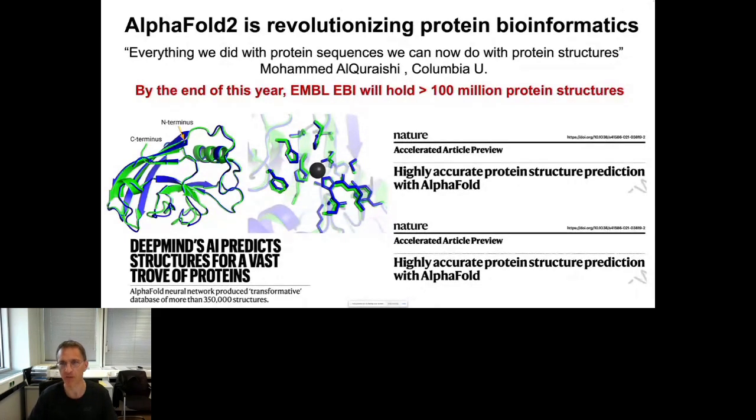And this was the time when we started thinking what we can do to cope with the amount of data that we were expecting. So the announcement is that by the end of the year, I think now they've shifted it to early next year, EMBL-EBI in collaboration with DeepMind will make available over 100 million protein structures that are basically at almost the level of accuracy of experimental structures.